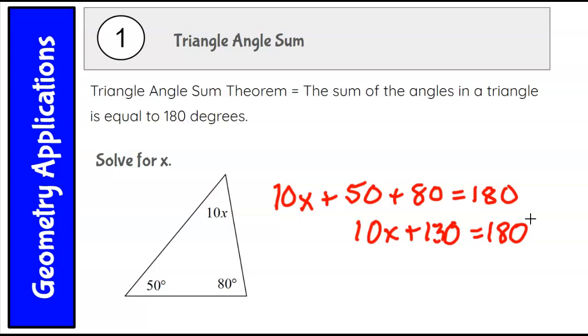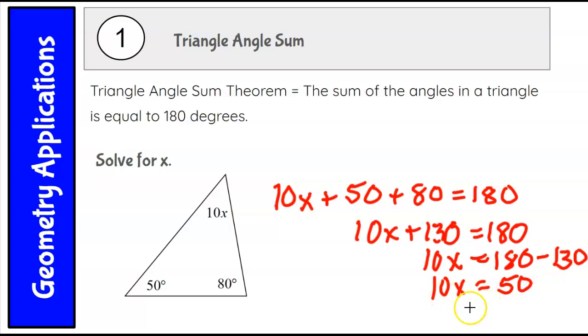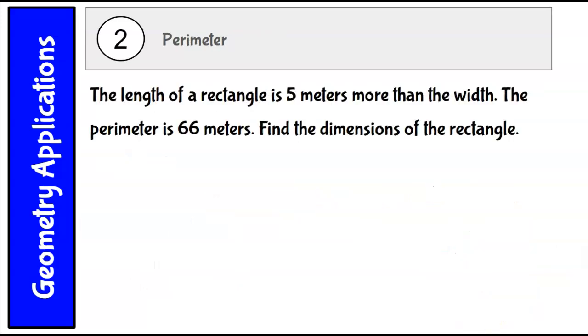Then I will use the subtraction property of equality to move the 130 over with the 180 so that my number terms are on the same side, making this side 50. And then I will finish by dividing by 10. X equals 5.